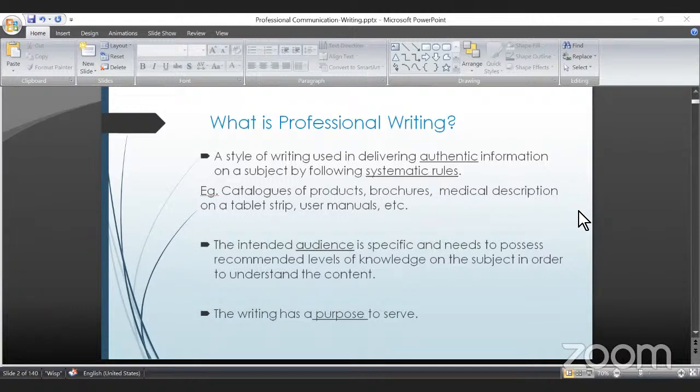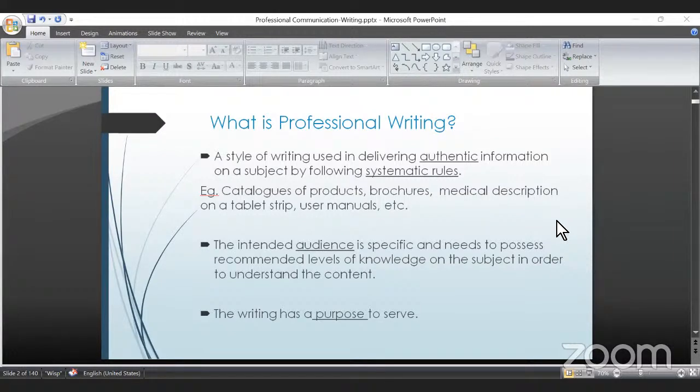So examples are catalogs of products, brochures, medical description on a tablet strip, user manuals. Everything will fall under this category. Everything can be considered as professional writing, because all of them have to be from authentic sources. You cannot just write how you feel like, right? Everything will have to come from a verified source.